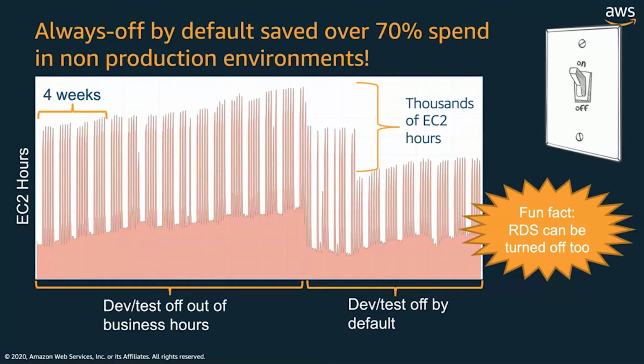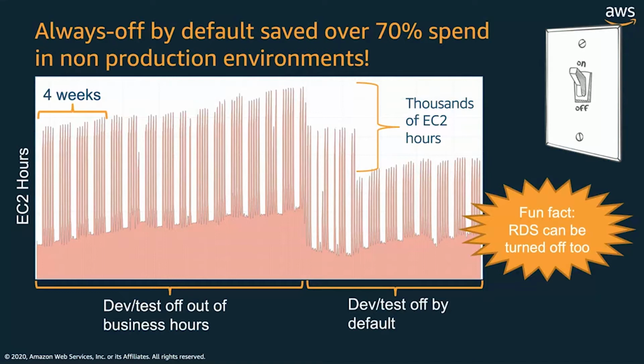Think about having a policy where the default position for a virtual machine is that it's off, rather than the default position being on. You can save 70% in those sorts of non-production environments that this sort of thing lends itself to. That's not just on virtual machines.